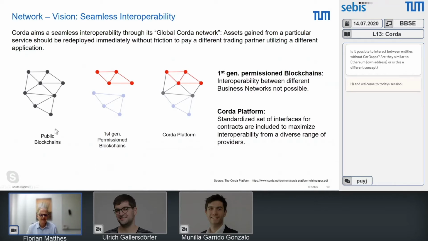So again, this is a marketing slide, but I think it is also important. So we have talked about public blockchains, where the idea is there's one global ledger and everybody is interacting with the global ledger, the Bitcoin ledger or the XY chain or the Ethereum blockchain. There's one blockchain.